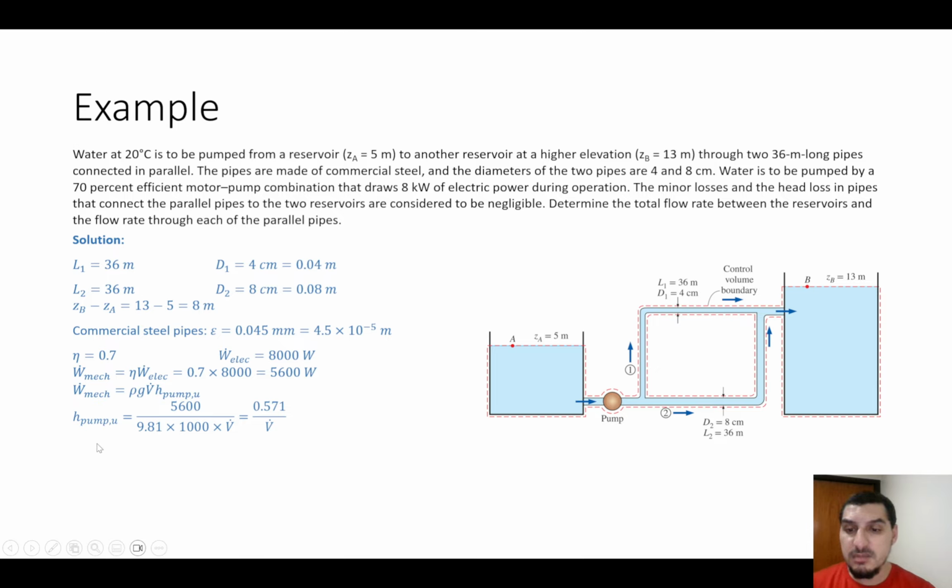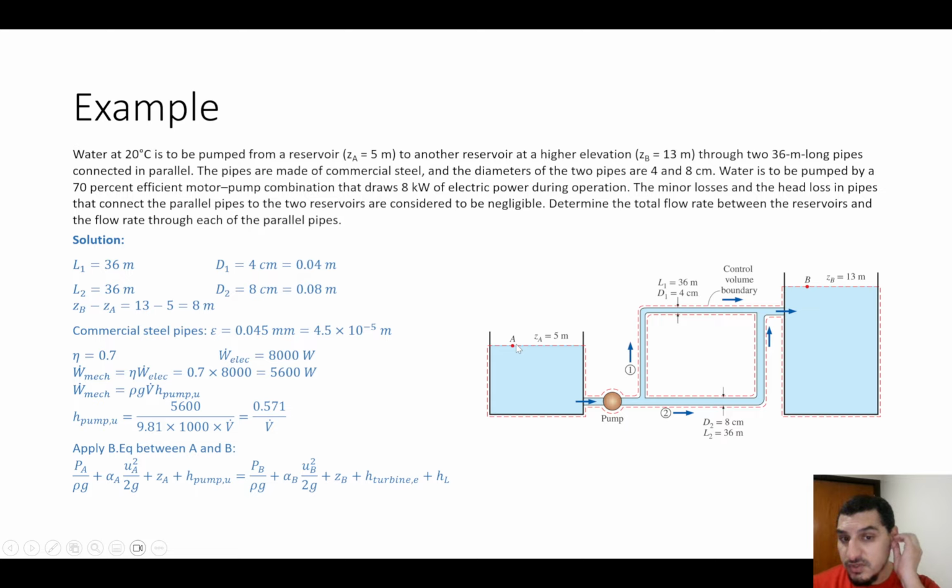So this is the pump head, and now we can apply the Bernoulli equation between points A and B. From the Bernoulli equation, we know that the two tanks are open to the atmosphere, so the two pressures are equal. We know that there are two big tanks, so the velocity of the surface is going to be very, very small, so we will consider it to be 0. We know the difference in elevation. There is no turbine, so the pump head is equal to the difference in elevation plus H losses.